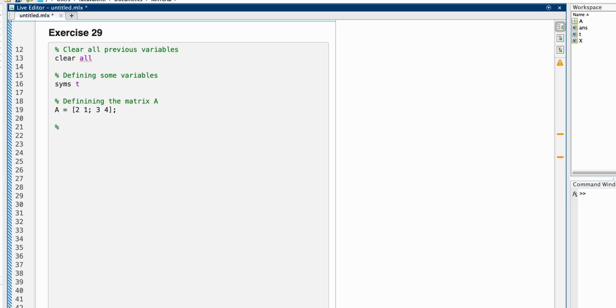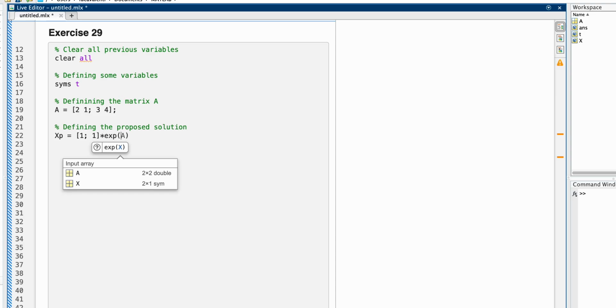Now I'm going to define my solution, so defining the proposed solution, because we don't know if that solution is right yet because we haven't verified it. So what was the solution? Well, we had the vector 1 and only one entry, so the first row is done. That's why I put a semicolon and 1, and I multiply by exp(t), which means e to the t.